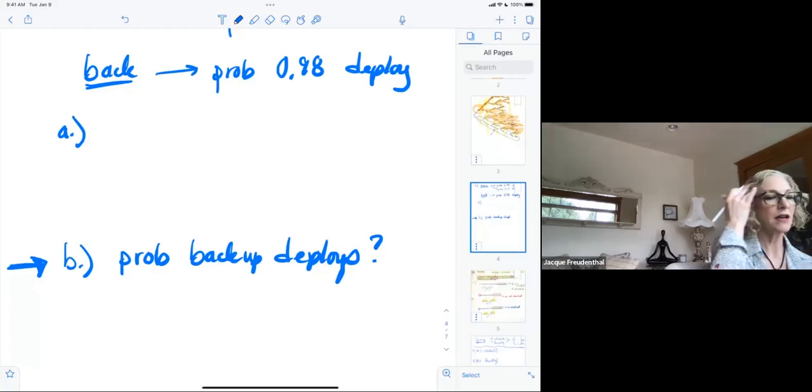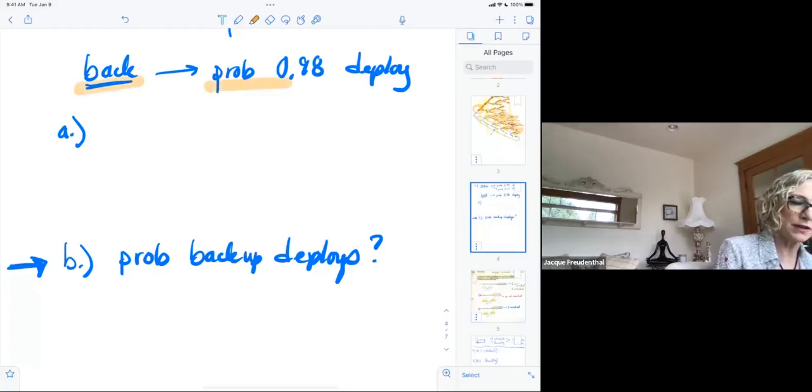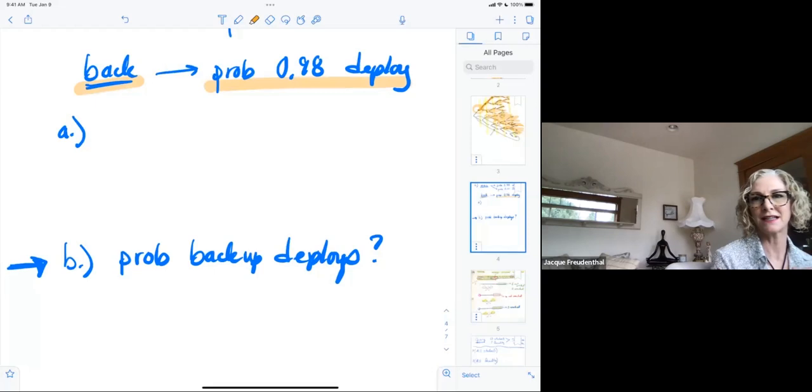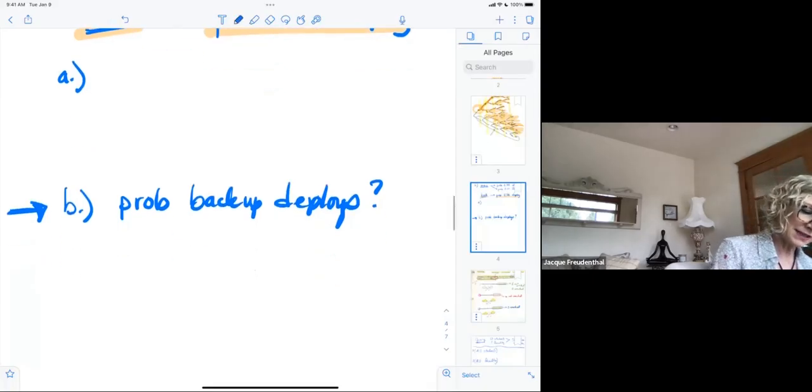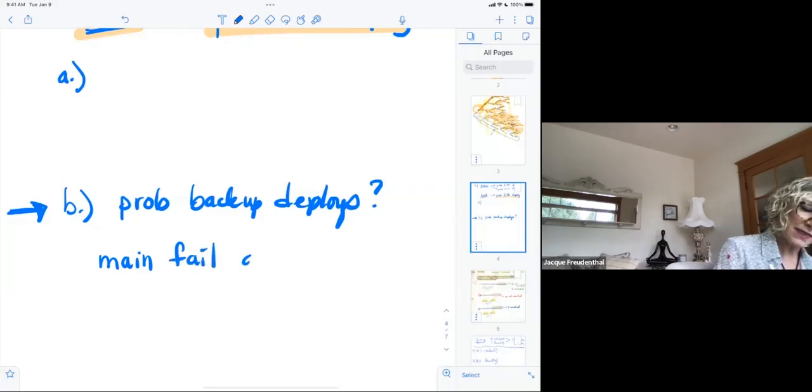That's my question. Well, if I look above, my notes say the backup deploys with a probability of 0.98. That's true, but what has to happen before the backup will deploy? Doesn't it make sense that first the main parachute has to fail and then the backup deploys?